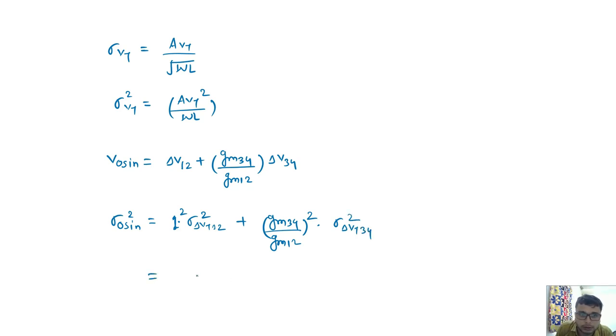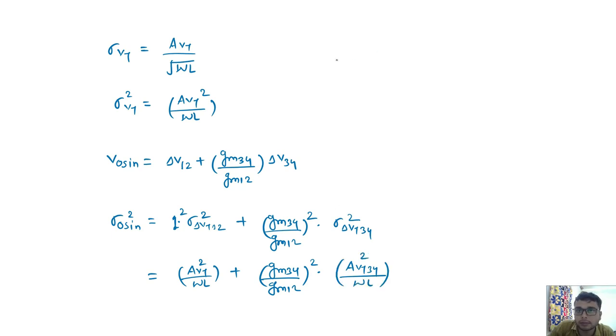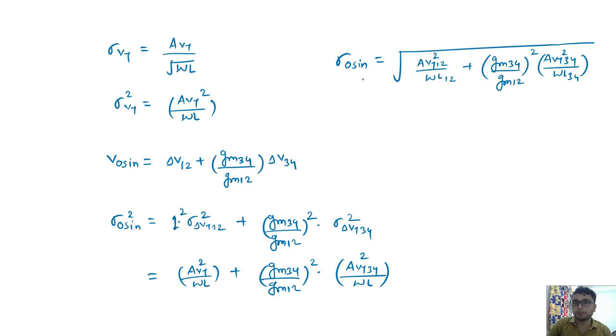So overall it can be written as A_VT squared by WL for 12 plus gm34 over gm12 squared times A_VT34 squared by WL. So overall the sigma of input referred offset is the root of this. Okay, this is the overall input referred offset.